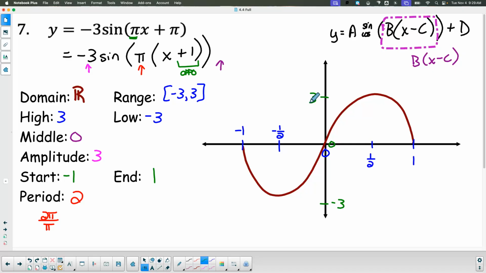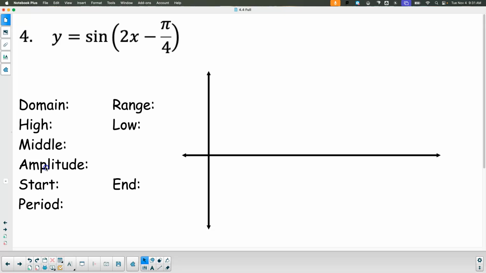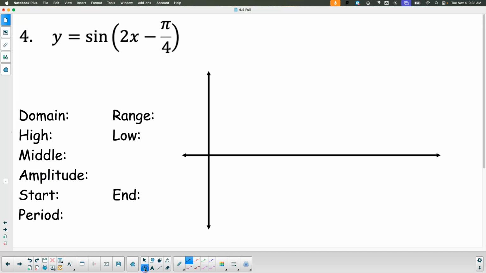All right. Try one of those on your own. Agree with factoring out the 2? Makes it x minus pi over 8.